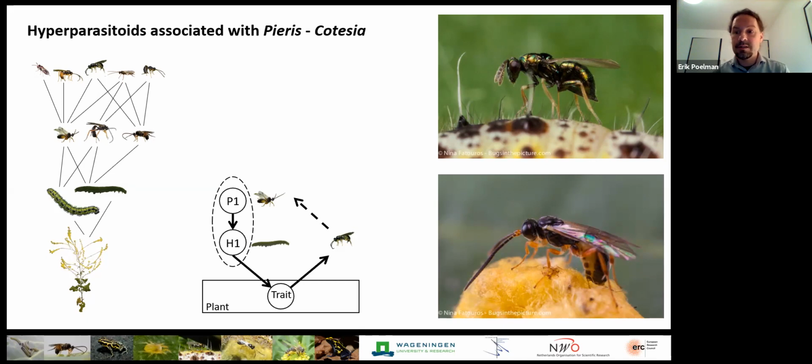But you can imagine that in both of these situations, the larvae are difficult to find. They are not interacting with the plant. So it's very hard for these parasitoids to actually use a very clear cue that predicts where these larvae are.